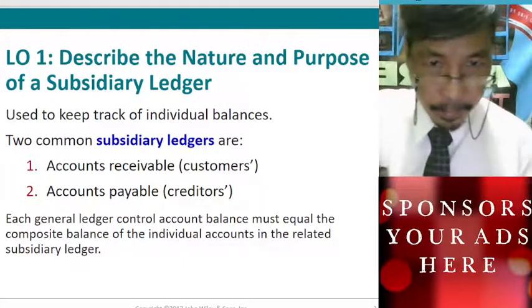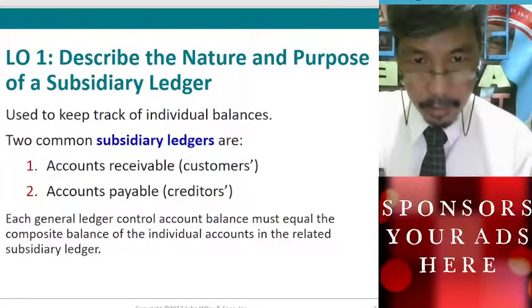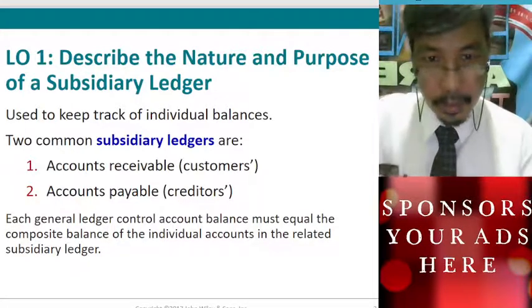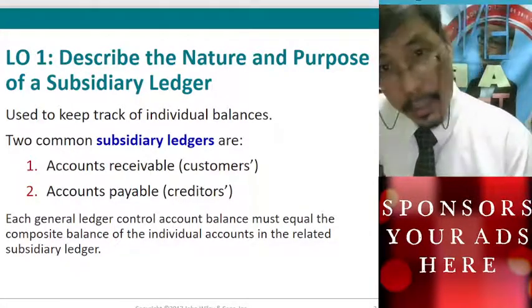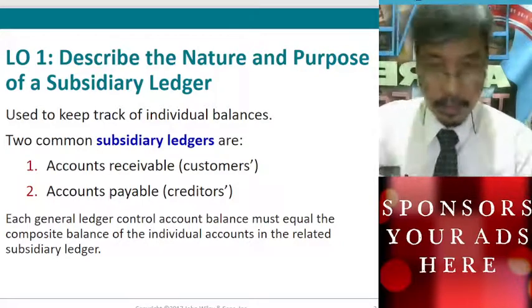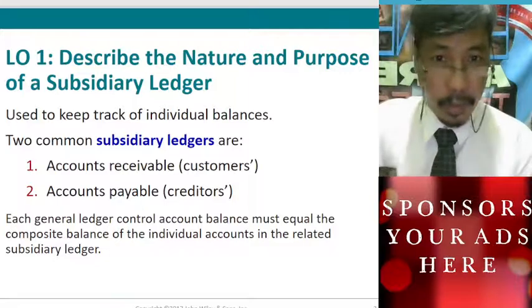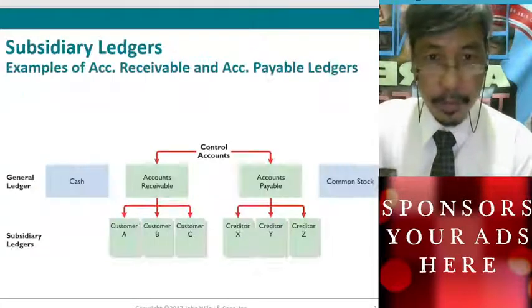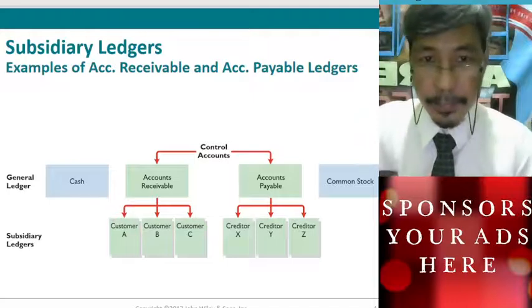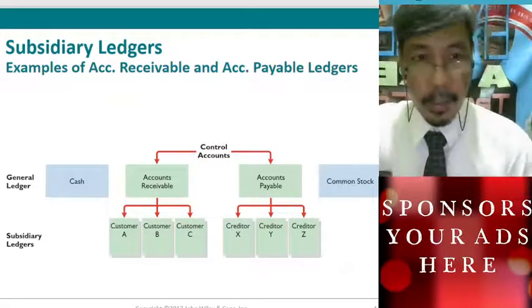Okay, so it must equal the composite balance of the individual accounts in the related subsidiary. So the general ledger is the one we are talking about here. And also we'll talk about subsidiary ledger. Subsidiary ledgers, samples of accounts receivable and accounts payable ledgers.